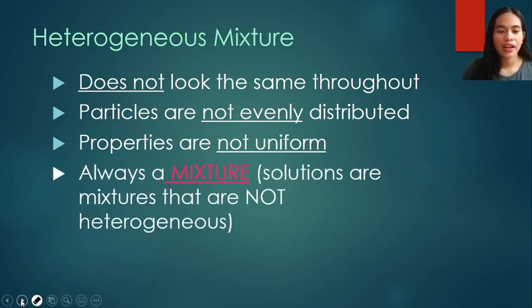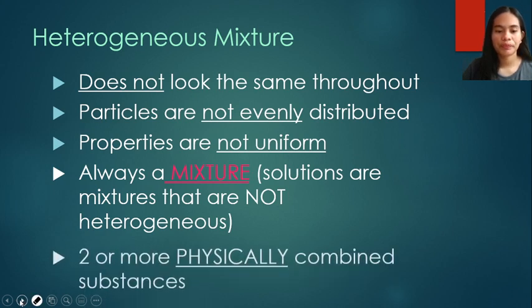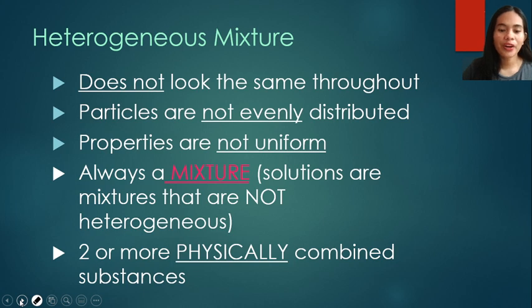We also have here that particles are not evenly distributed, particles or properties are not uniform, and it is always a mixture. A heterogeneous mixture is either a colloid or a suspension, but never a solution, because a solution is a homogeneous mixture. It is two or more physically combined substances.